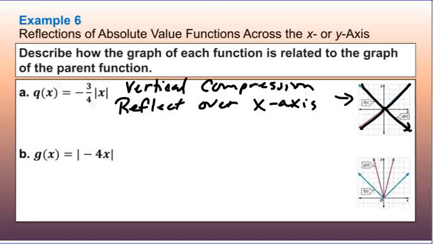Next one, the numbers are on the inside, so this is a horizontal change or dilation. The absolute value of negative 4 is 4. 4 is greater than 1, so this is a horizontal compression.